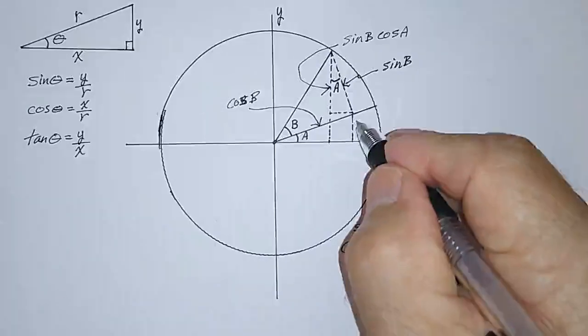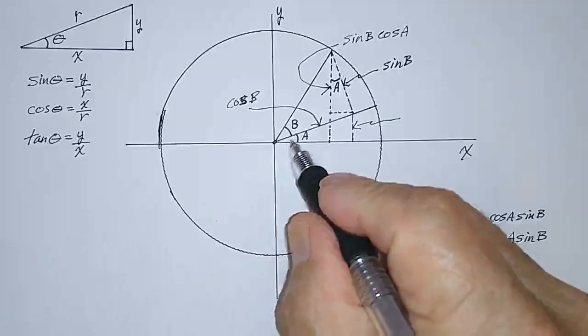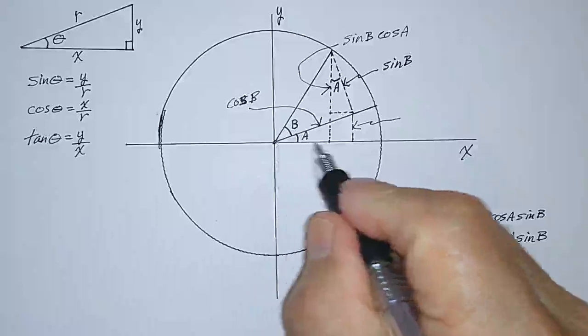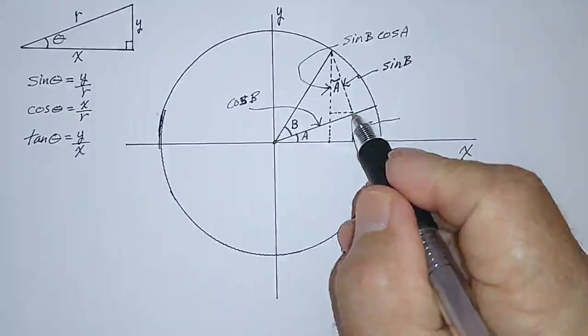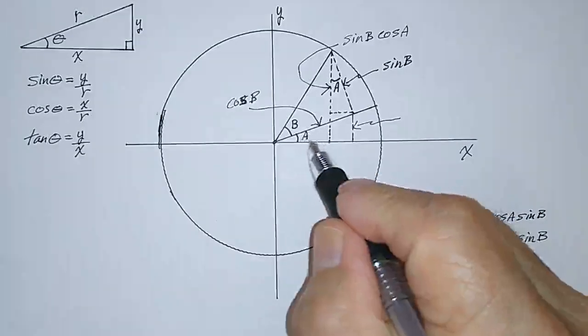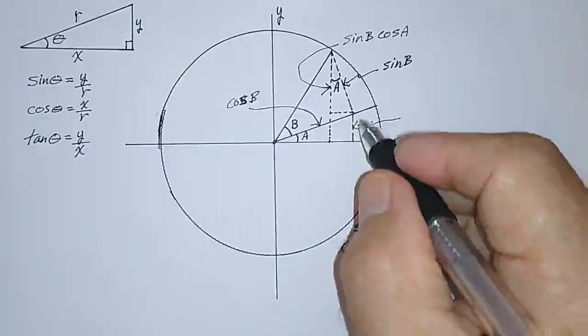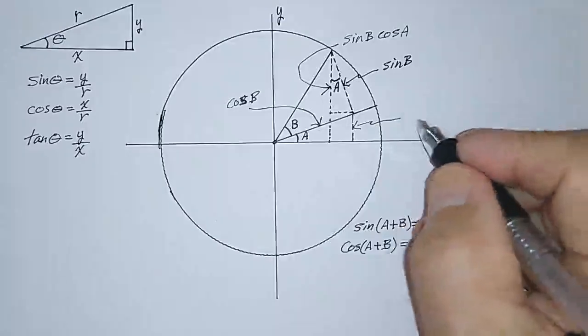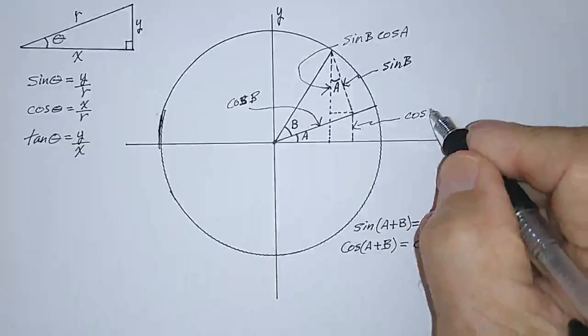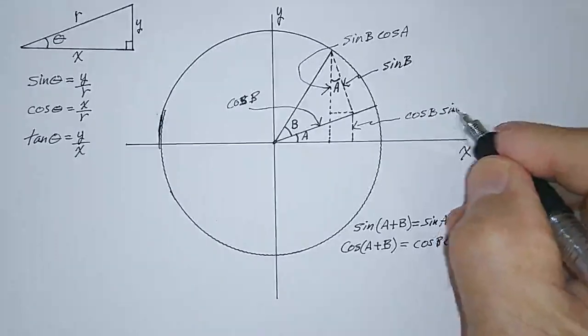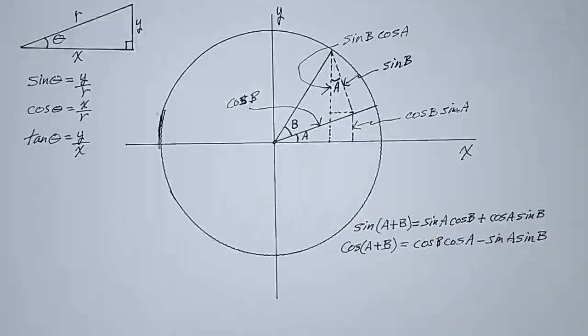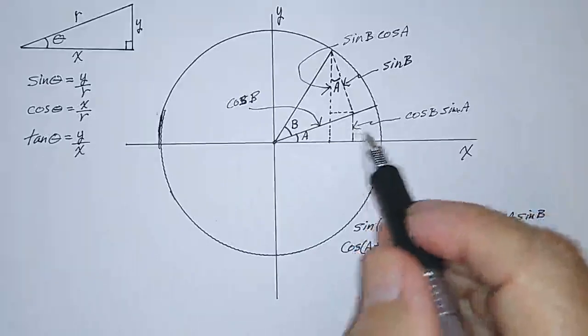And this side right here, looking at this A right triangle, the one for angle A, well, here's the hypotenuse, cosine B times the sine of A. So this is equal to the hypotenuse, cosine B, times sine A. And then all you've got to do is take a look at this.